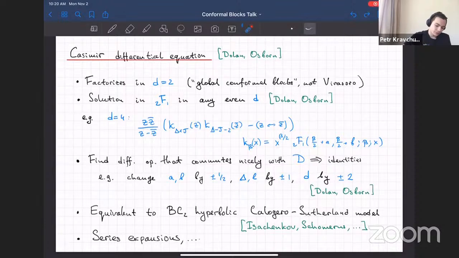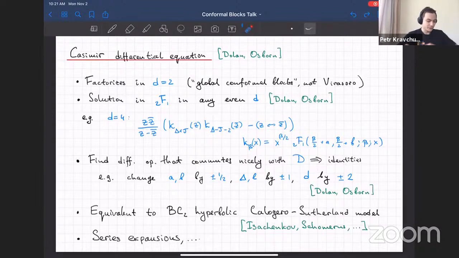Another nice property, as Nishlai Walter Shammer has found, is that this differential equation is actually equivalent to some interesting system from integrability theory. I know very little about this, but if you read their paper, they'll tell you that it's the BC2 root system, hyperbolic Fourier-Sutherland model.